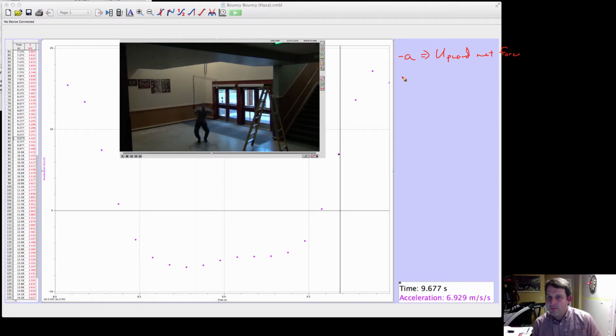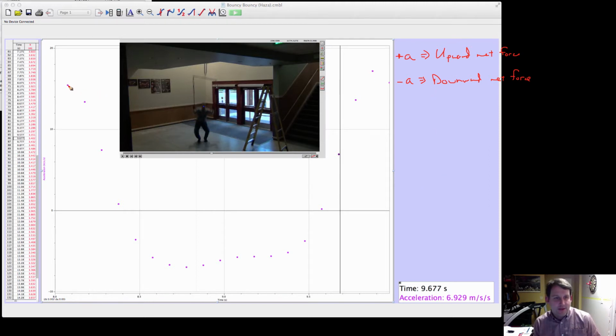And anytime there's a negative acceleration, that leads us to the conclusion that there should be an overall downward net force, right? So that'll be really good to know.